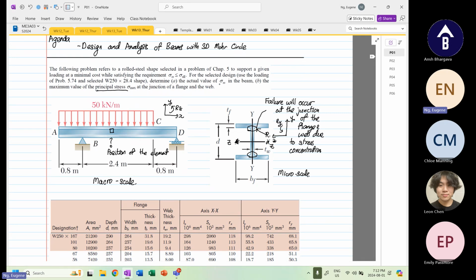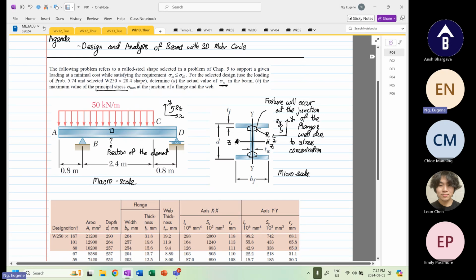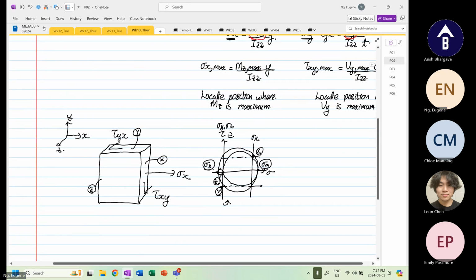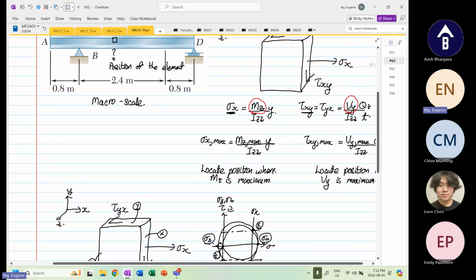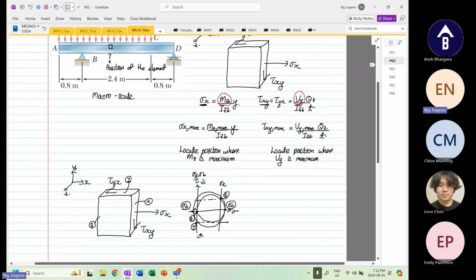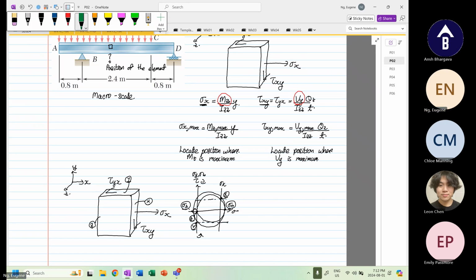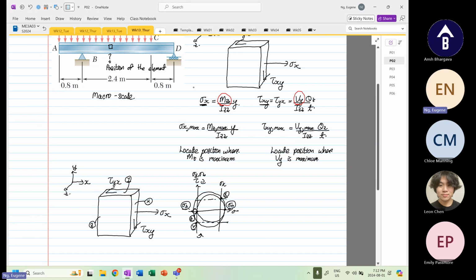And we also have to find what is our maximum stress in the beam. Okay, maximum normal stress in the beam. Okay, and I'll highlight what we mean by that. Right. So if you look in this context, this topic over here, this is on bending moment.